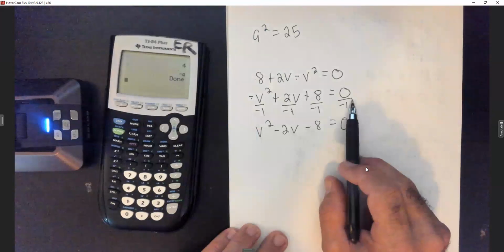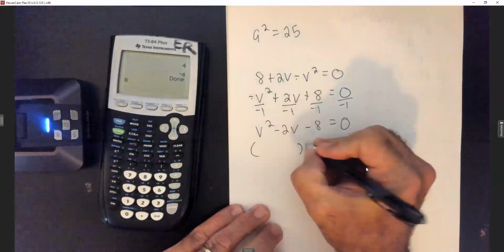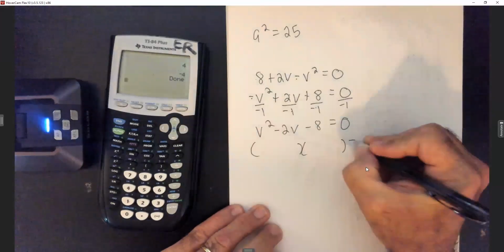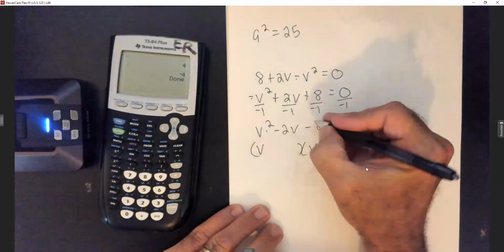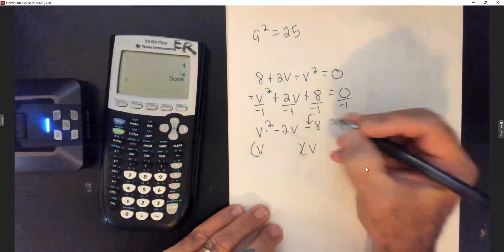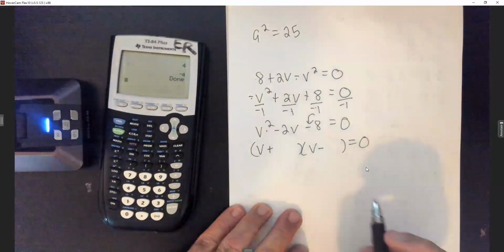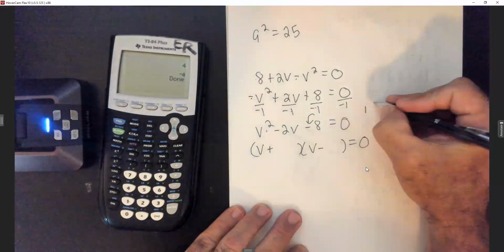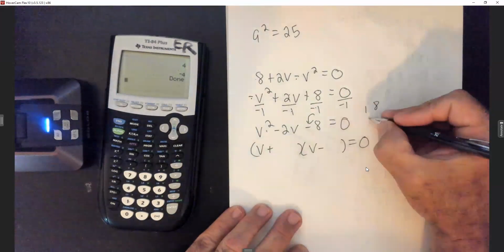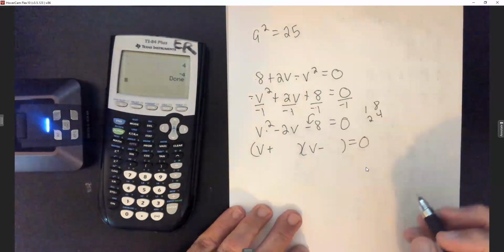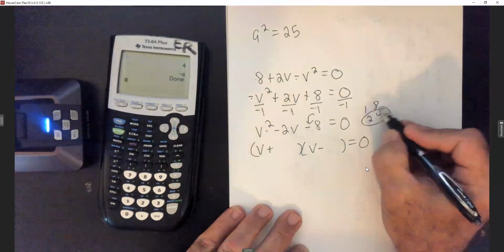Now this I would factor. V squared would be a v and a v. Last sign's negative, so one's positive, one's negative. Factors of 8 are 1 and 8, and what else? 2 and 4. So I need the ones that subtract and get 2, which are 4 and 2.